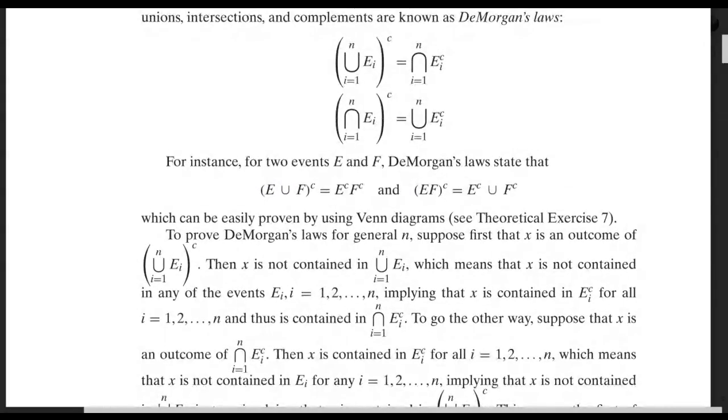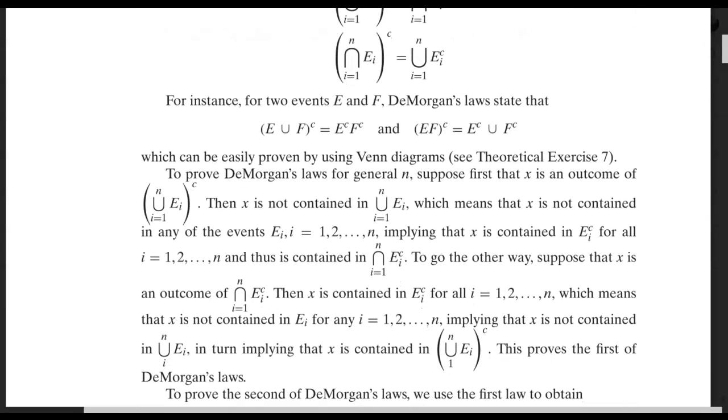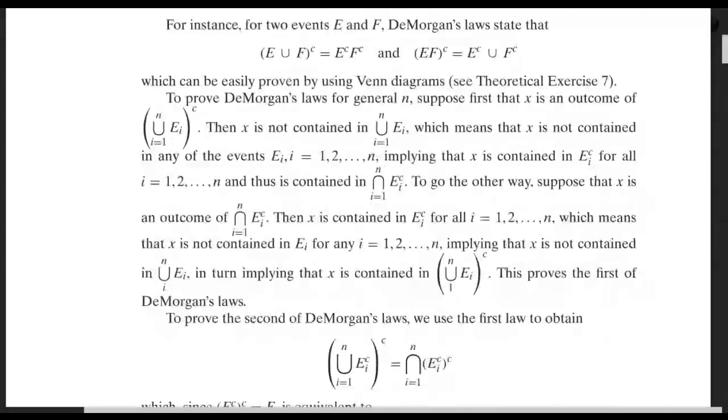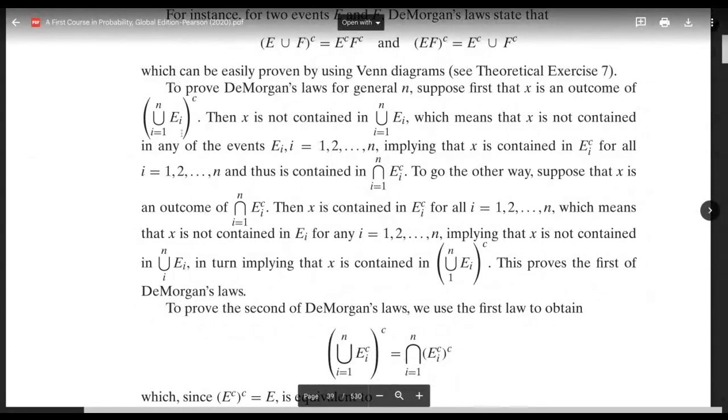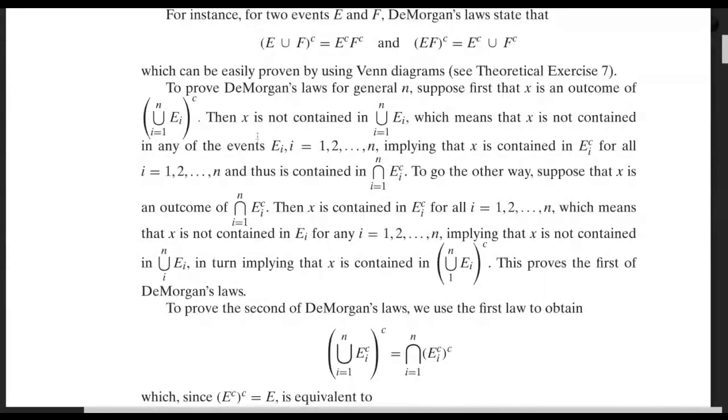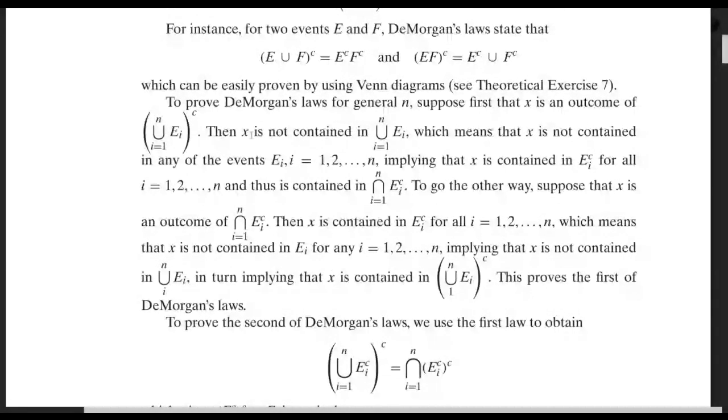We could use a Venn diagram to prove this. So this is the proof of this. All right, let's read this proof. To prove De Morgan's laws for general n, suppose first that x is an outcome.